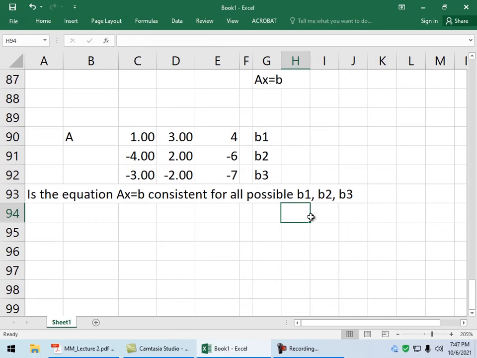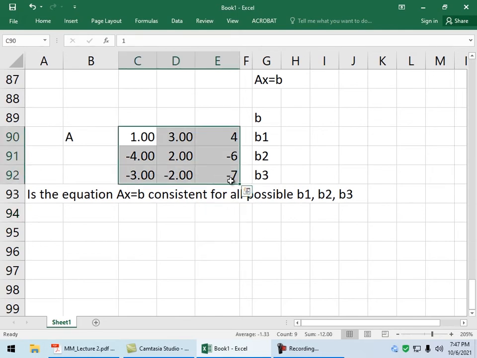Okay, so is the equation Ax equals b, so this is b, actually x is not given but it is assumed that this is x1, x2, and x3. Consistent for all possible b1, b2, b3? What should we do? We start again with our matrix.